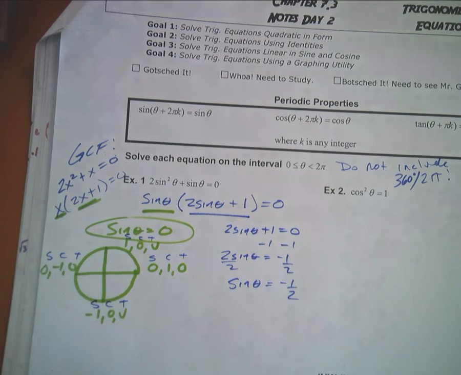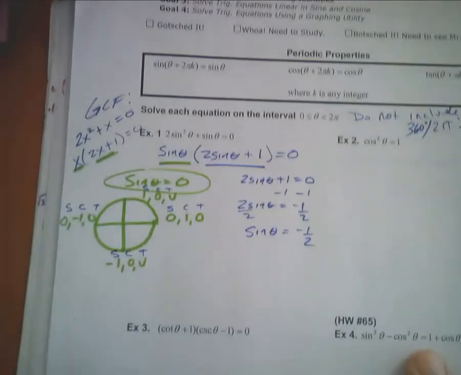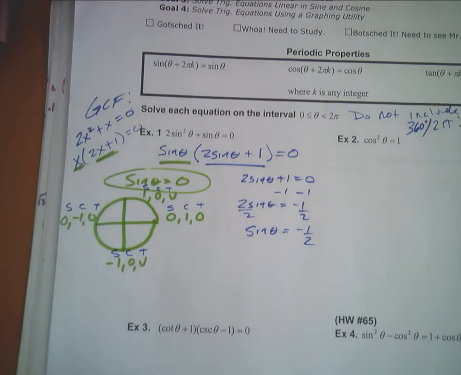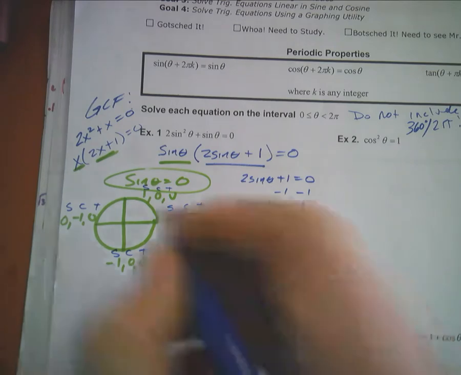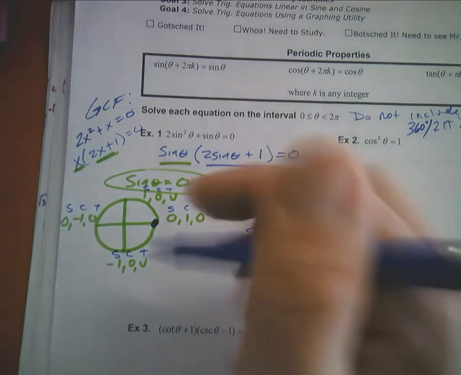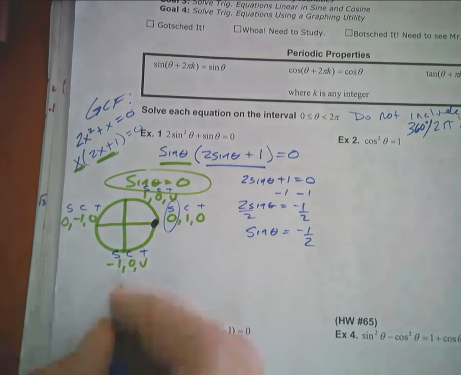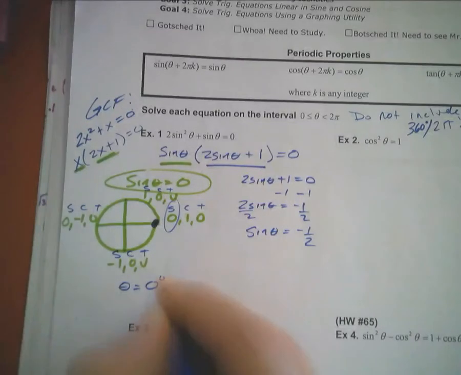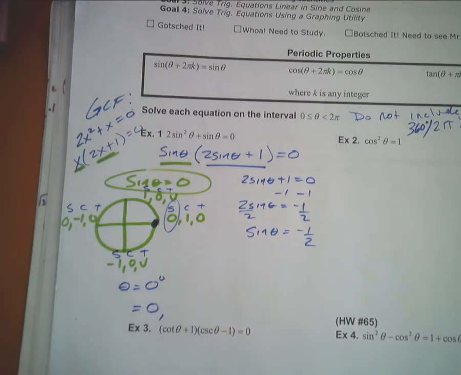We are trying to find out, where is sine 0? Where's the first number listed 0? And you guys would say where? 0 degrees, not 360. Don't include 360. So theta is at 0 degrees, which we know is 0 radians. And then also where is sine 0?